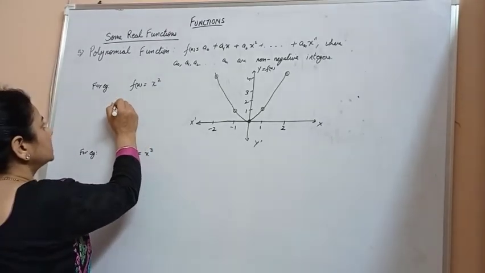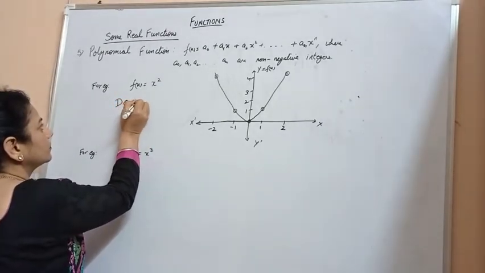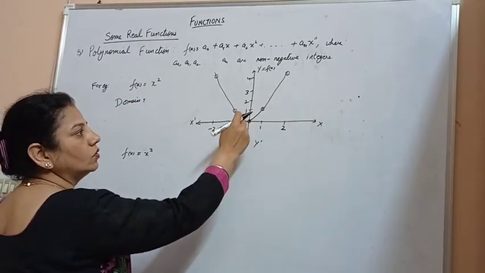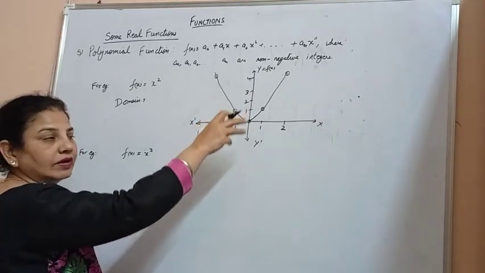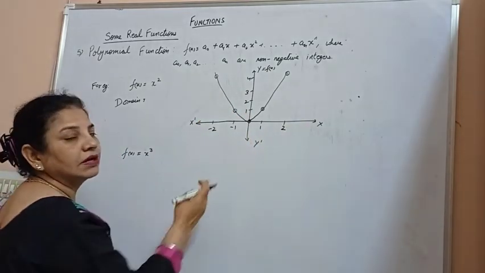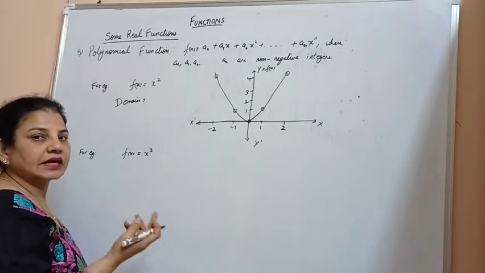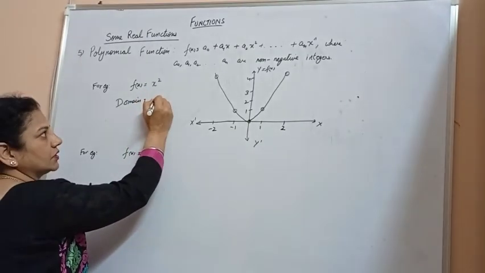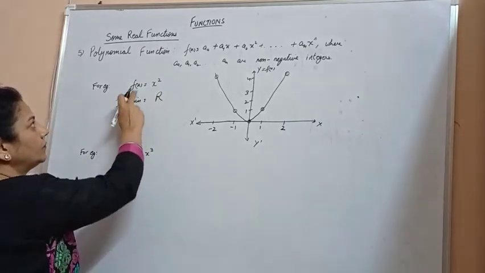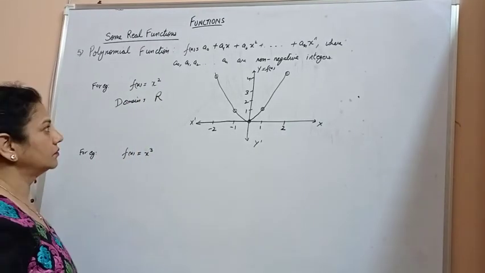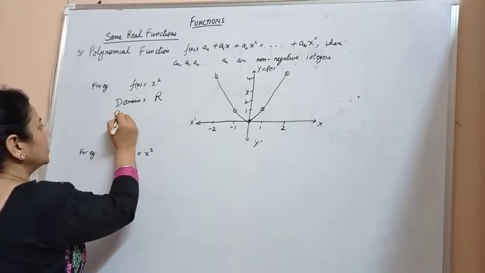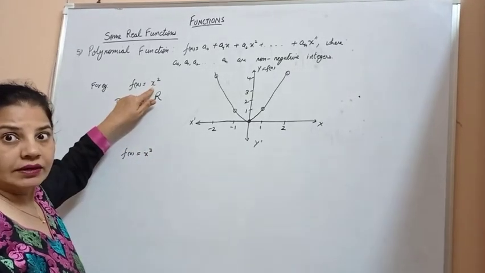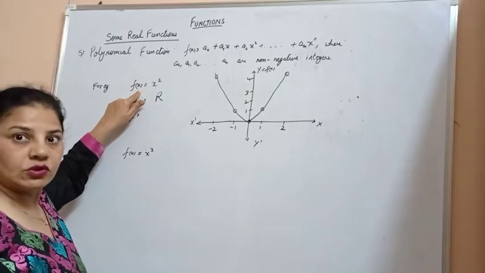The domain of this function: we can give x as 0, 1, 2, -1, -2, all the values on the x-axis, and they will be accepted by the function. So the domain of this function is R, the real numbers. And the range: I give x as 1, the value of f(x) is 1.